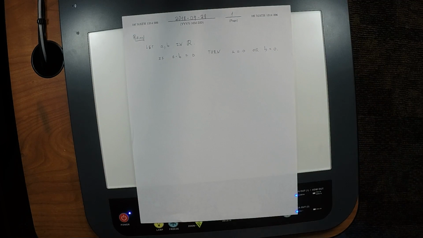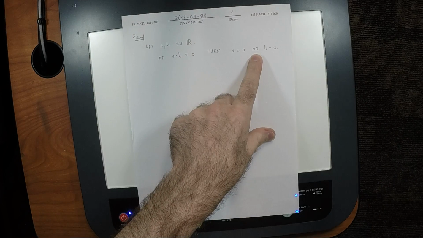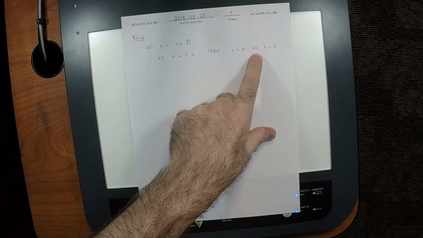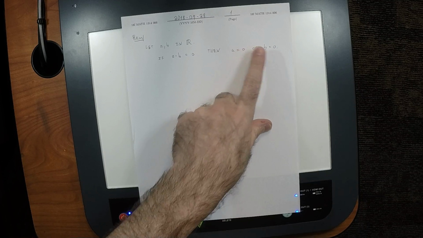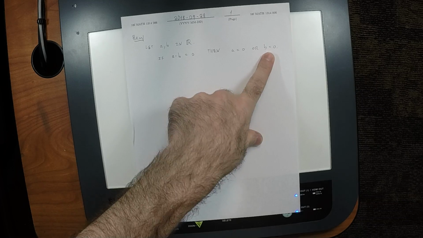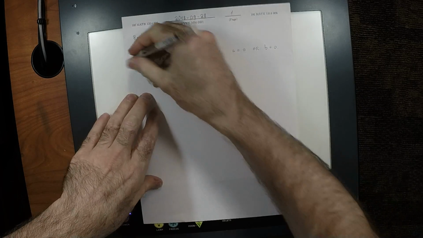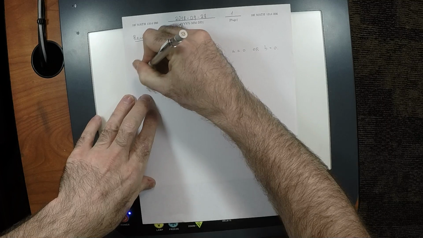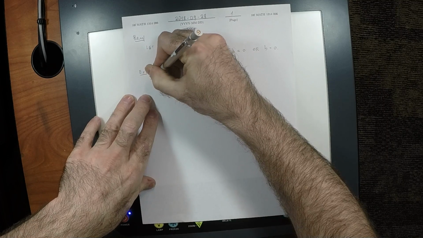So if you have two numbers, you compute their product, the result is 0, then at least one of them is 0. But understand that in a math class, that means that this one is 0 or that one is 0 or both of them are 0. This is fine also.